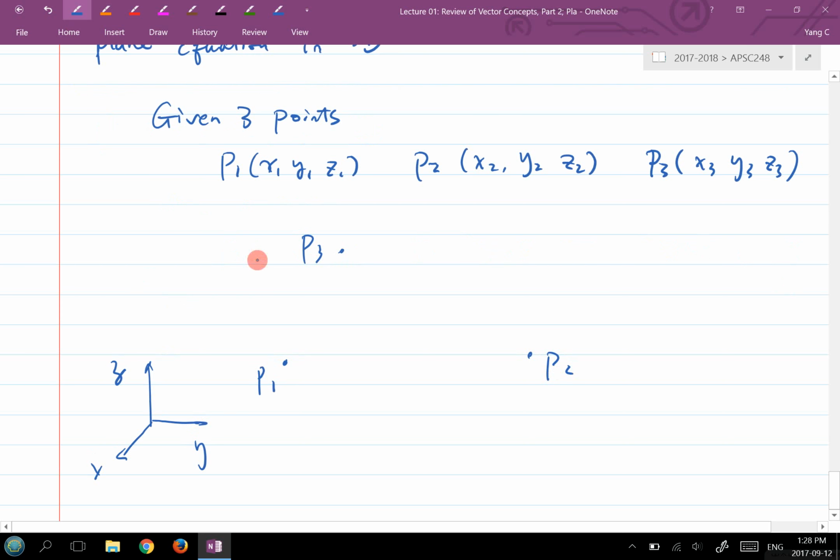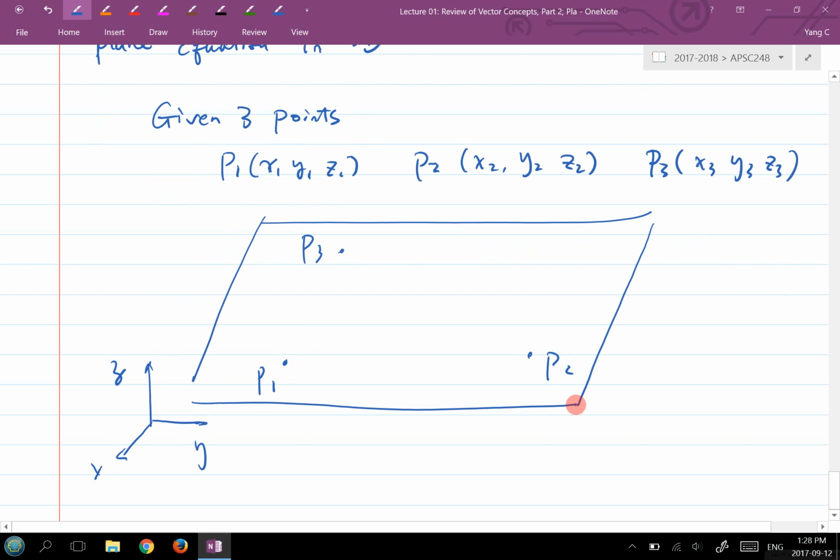So maybe the plane we're looking for is like this. In 3D, a plane has no boundary. It's infinite, right? It goes to infinity here and there, or it cuts through the space and divides the space into half. So that's the plane that we're looking for.